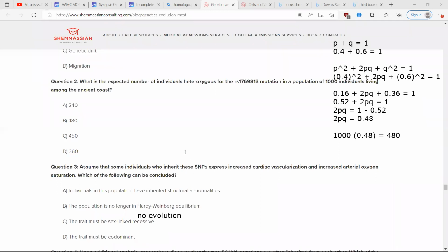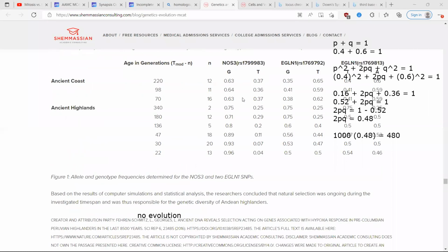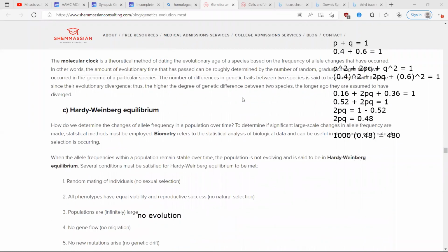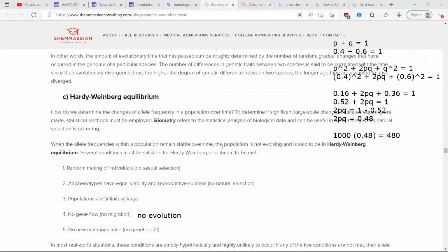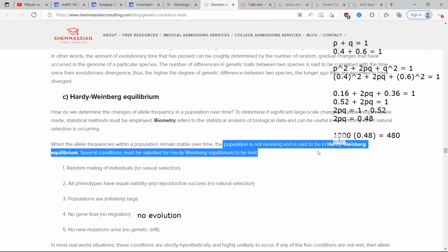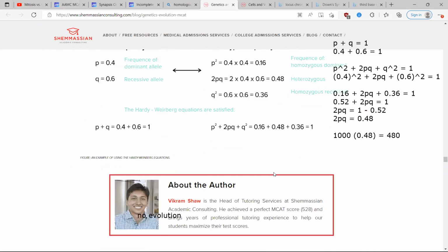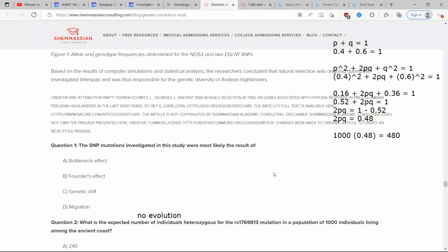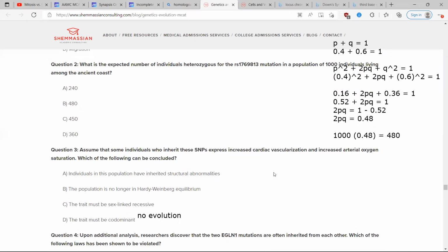If there's changes happening, then the population is evolving, unless I just confuse myself. I think that's correct. Hold on, let me go see what the Hardy-Weinberg thing was. Yeah, the population is not evolving and said to be in Hardy-Weinberg equilibrium. That makes sense, but let's look at the other ones.